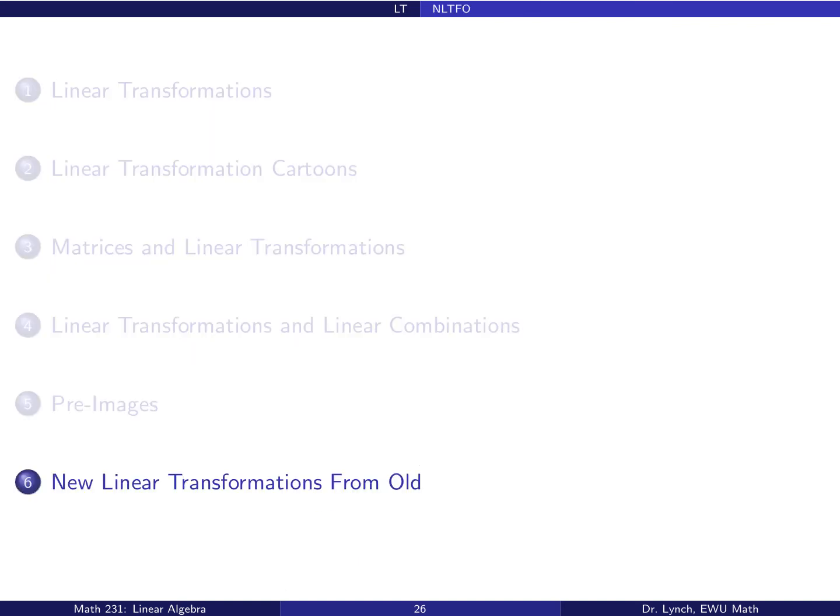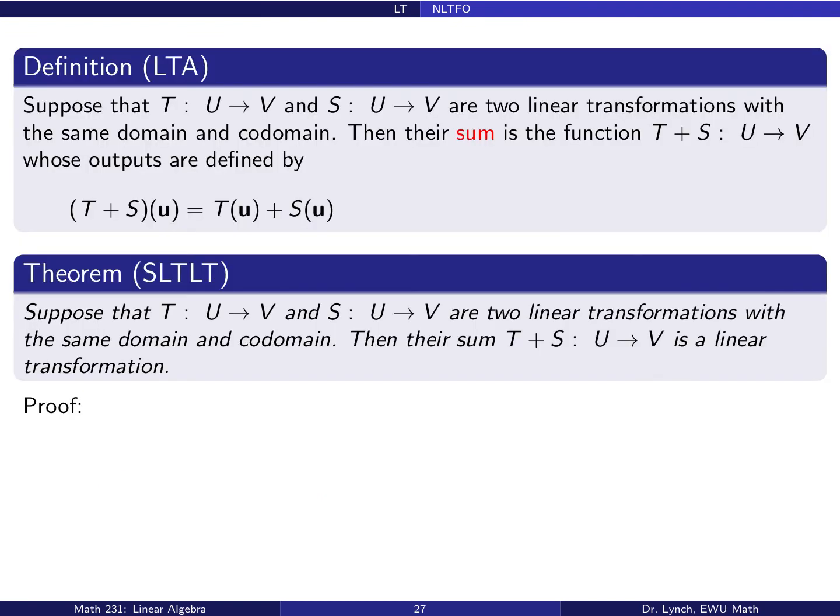Okay, so we'll close up by cooking up a couple of new transformations from old transformations. We'll see how to do this. Let's suppose that T and S are linear transformations, then their sum is a linear transformation as well.